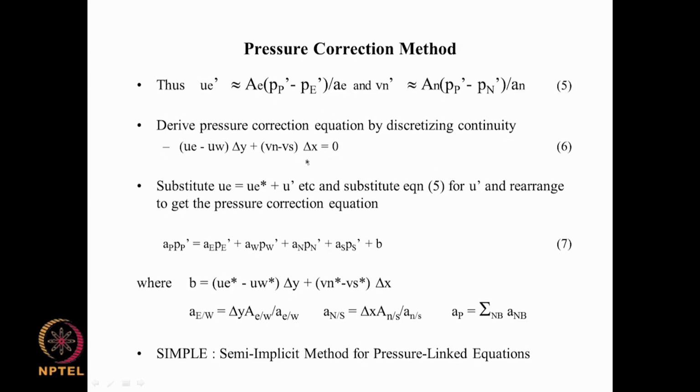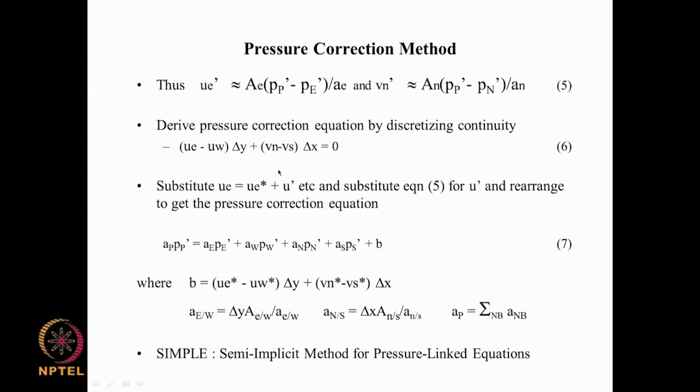So this is the discretized continuity equation, and here we substitute u e equal to u e star plus u e prime, and u w is u w star plus u w prime, and v n equal to v n star plus v n prime, and v s equal to v s star plus v s prime. And what is the advantage?